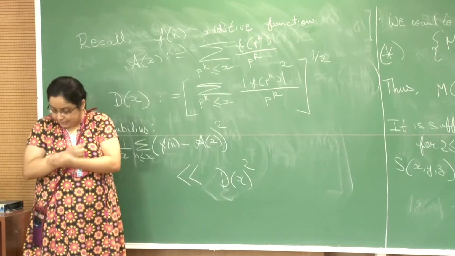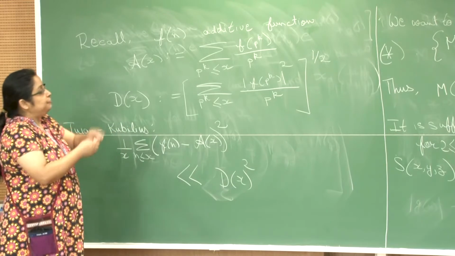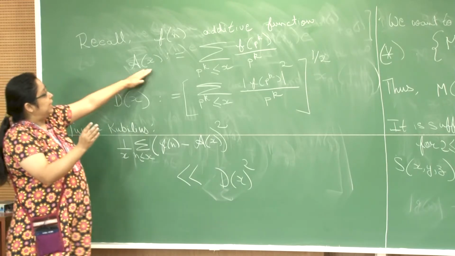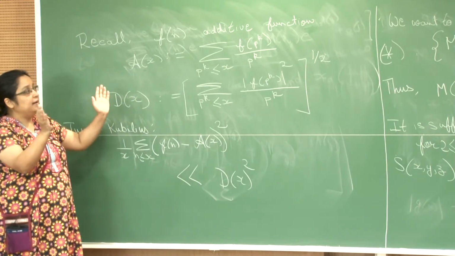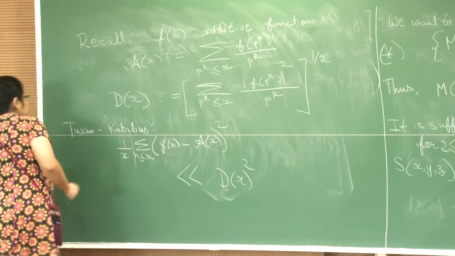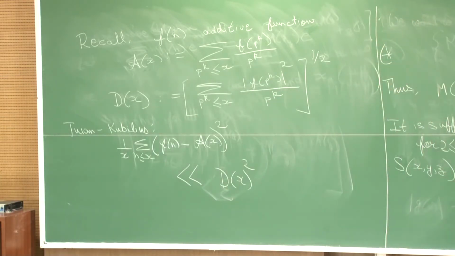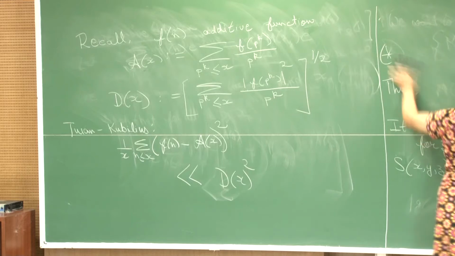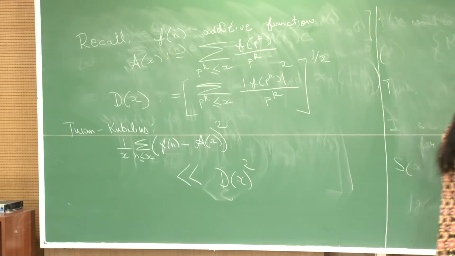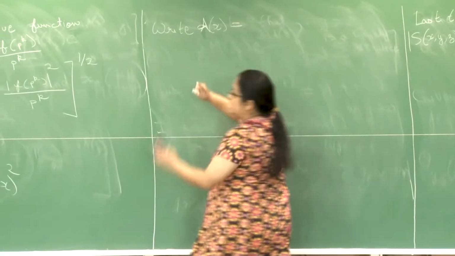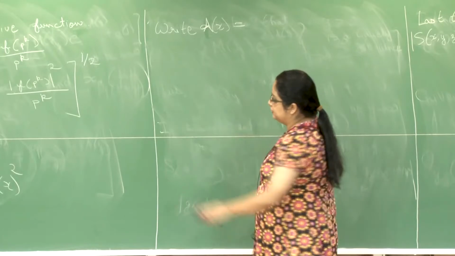So, in the Turan-Kubilius inequality, we have to separate this a of x and d of x square into two parts. So, what we do is, we write a of x as a sum of two smaller parts of this sum.